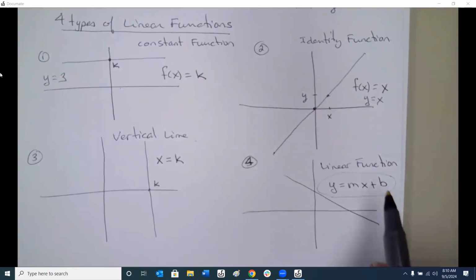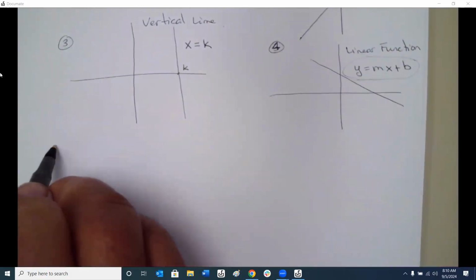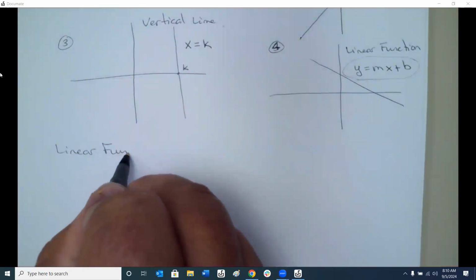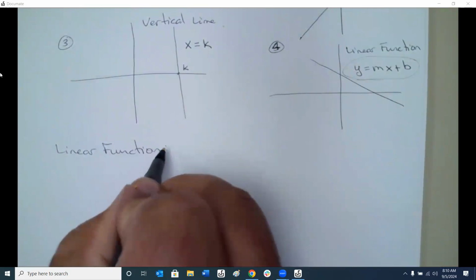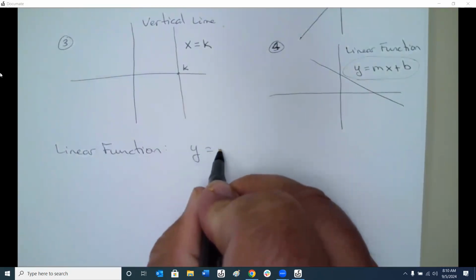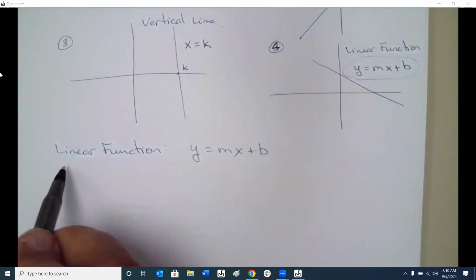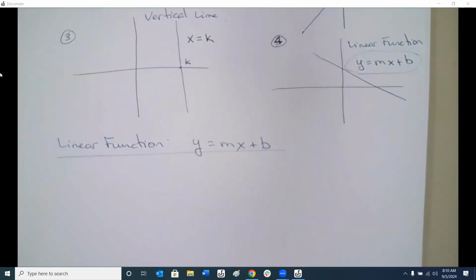And from here, the linear function y equals mx plus b will be what we're going to start talking most about today.